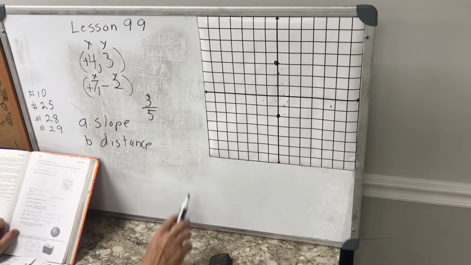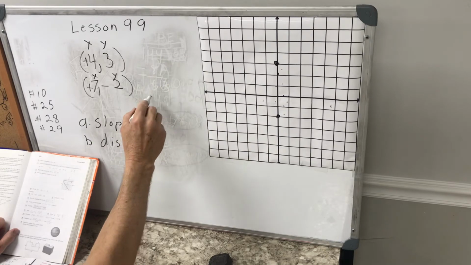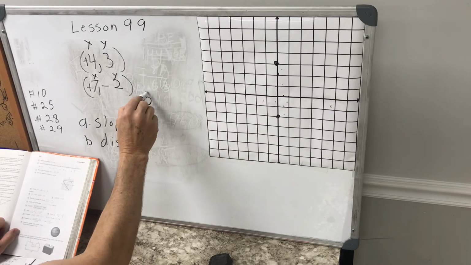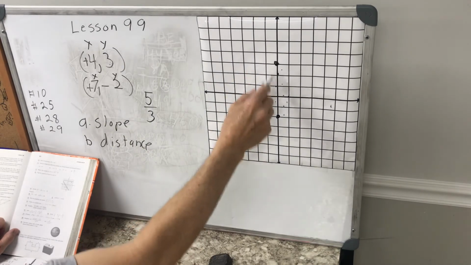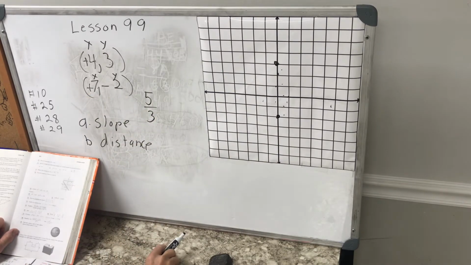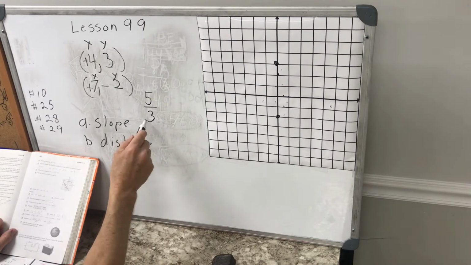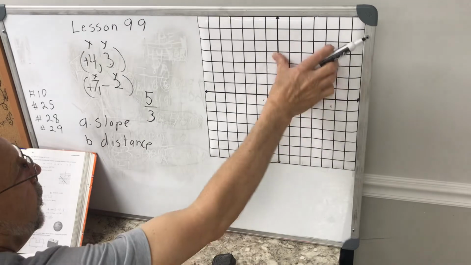So rise over run is 5 over 3. This is your Y line, 5, and your X line is 3. Now, I'm going to solve it just like I should have to start with. I wanted to show you how we can do this. We have a 5 over 3 if we did not have the graph.